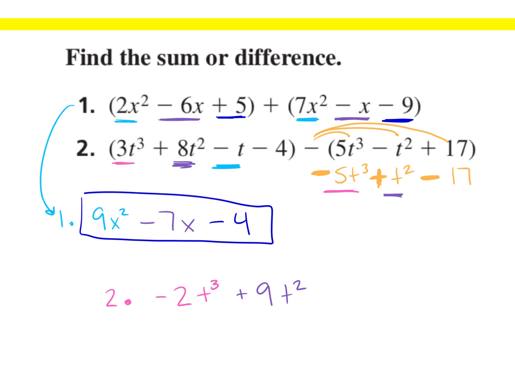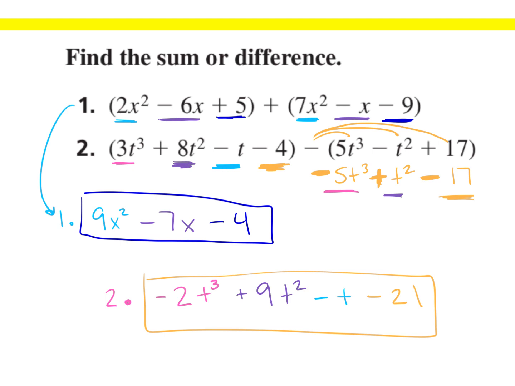No, so what will come next? Just negative t. And then lastly, I have negative 4 minus 17. What would that be? They're both negative, so we add them together, so it'd be negative 21. So when we are subtracting, don't forget to distribute the negative first, and then you just add it together like normal.